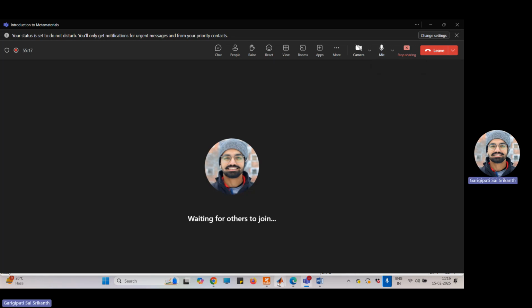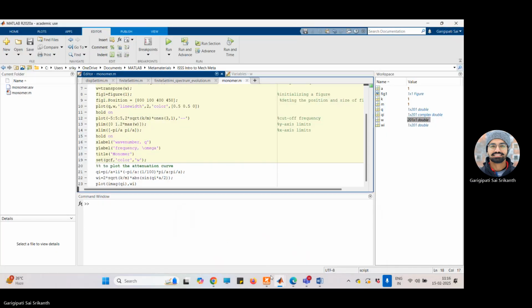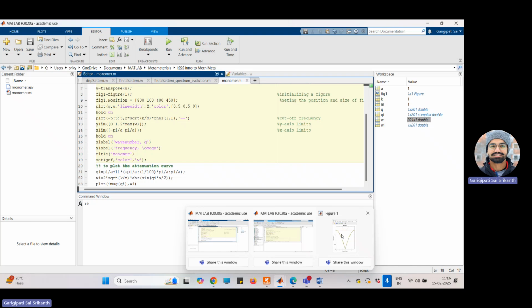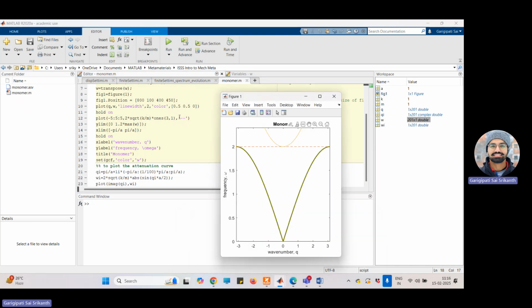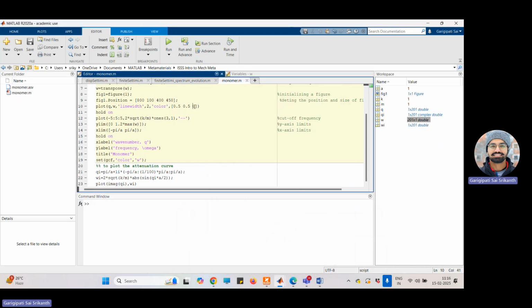Yeah, so welcome back. So what we were discussing here, I think about this color. There are appropriate colors, and they'll give you the RGB values of those colors.